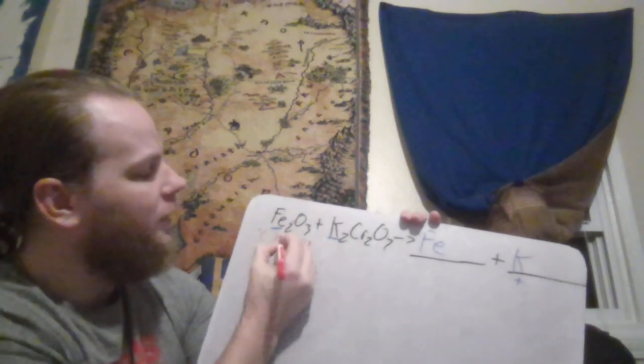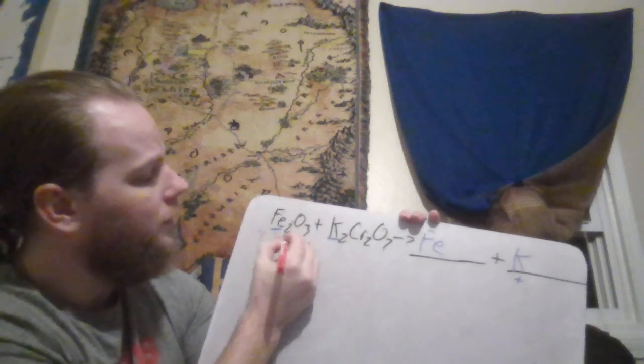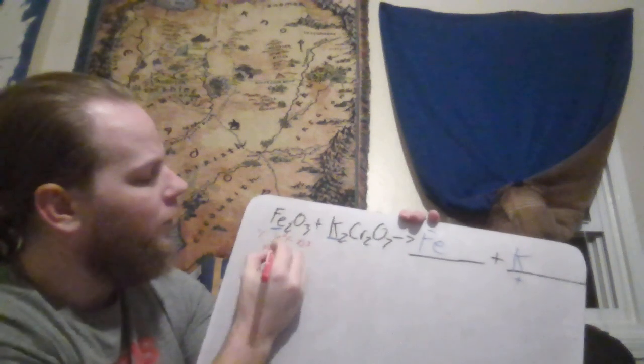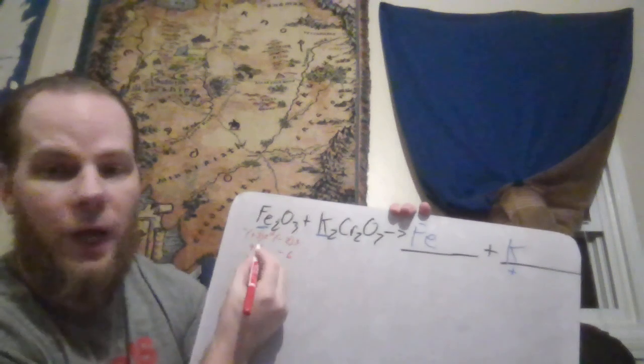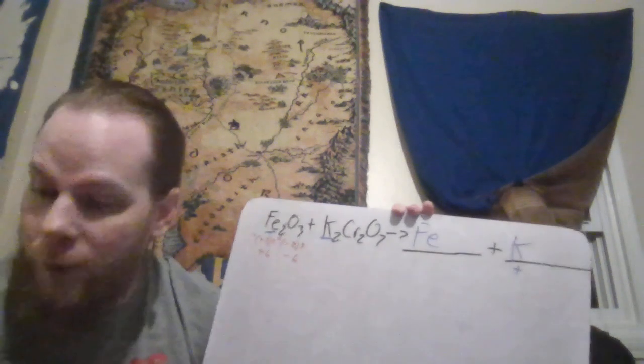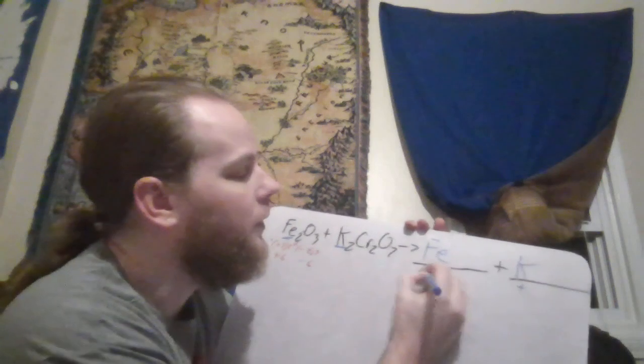So what times 2, because that's what that is, will give us +6. Well, that has to be +3. So the iron has to be a +3 charge. So I'm going to write +3 right there.